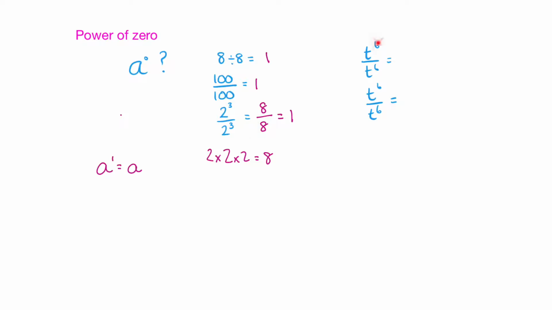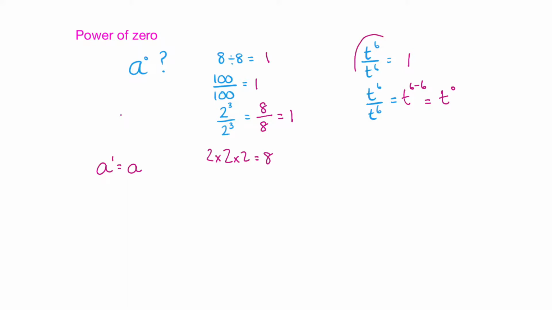So something divided by itself is 1. But if we think about our rules of indices, then we take away when we're dividing. So this one here would be 6 take away 6, but 6 take away 6 is 0. So that's t to the power 0.